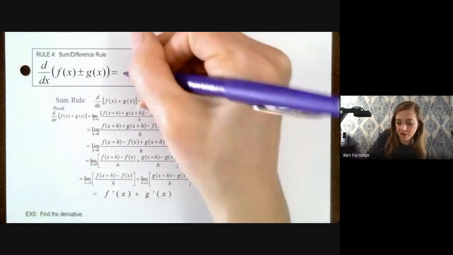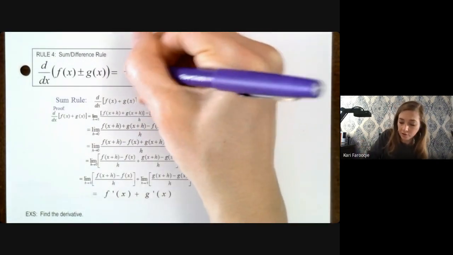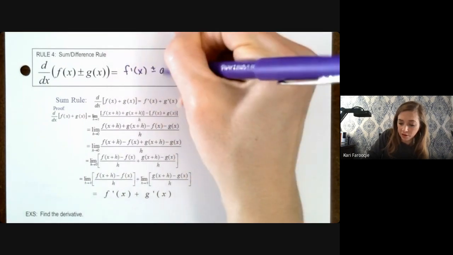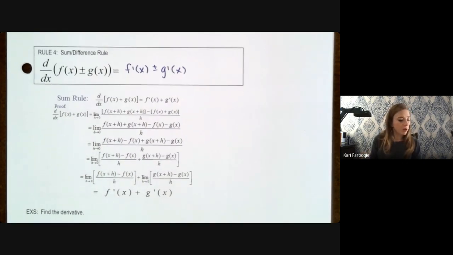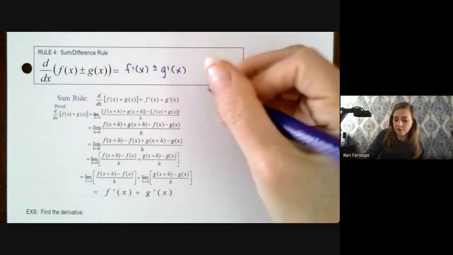So it's like taking f prime of x plus or minus g prime of x. If you're just dealing with taking the derivatives of a bunch of terms, you can just take the derivatives of the terms separately. The sum rule is illustrated by this proof here. You can check that out. I'm going to add another rule here.